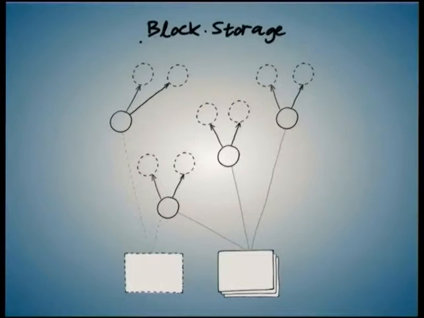So there we have something that appears as a virtual block device, and we can write to it at a certain offset, or read from it at a certain offset, and we can use it for anything else that we can use a block device for. Block storage in Ceph is thin provisioned. It's very space efficient. It supports redirect on write snapshots. It supports cloning and several other interesting things.